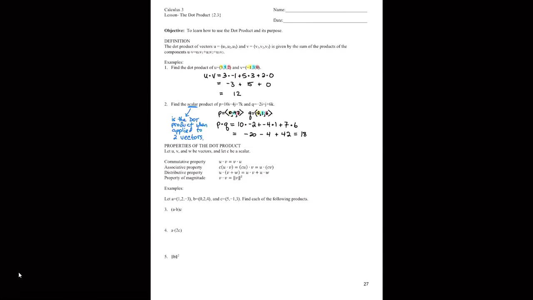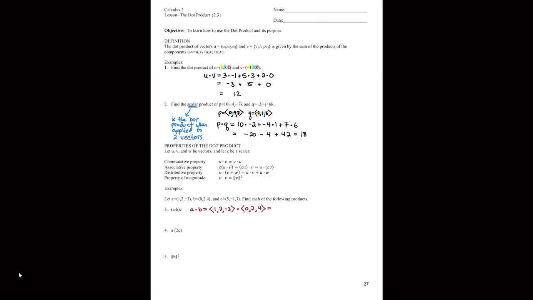I'll chuck that in here, using this tool, and I'm just rewriting it for organizational purposes. Whatever you can do in your head, by all means, go for it.